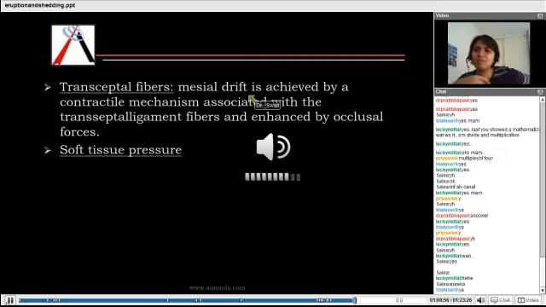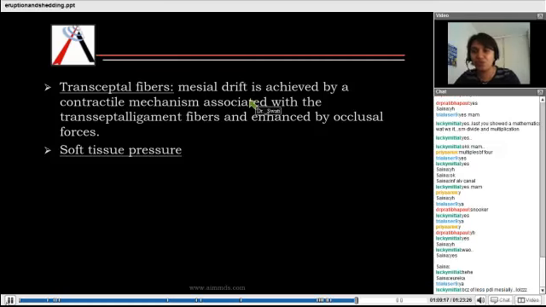And other than that, some people say it's the soft tissue pressure, especially the movement of the tongue and all the other forces. Whenever we are speaking also, we tend to move our cheek mesially more. It's the concept suggested by the soft tissue pressure, and that is what is creating the mesial pressure on the teeth. So these are a few of the reasons.